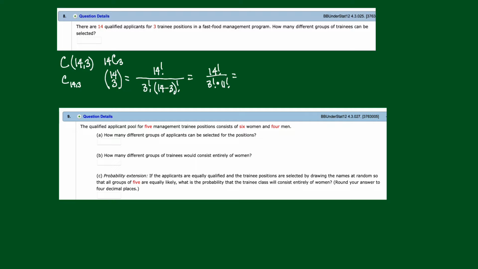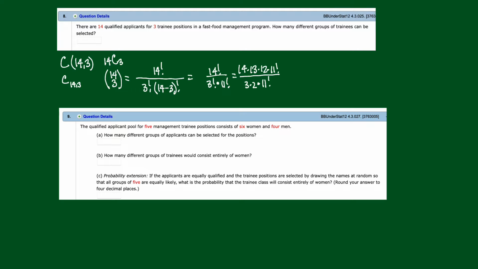And I can write that 14. This always works, where the top number you can always break down to get to one of the bottoms. So I'm going to write this like 14 times 13 times 12 times 11, but I got 11 factorial now, over, I got an 11 factorial here, and 3 factorial I can write as 3 times 2.